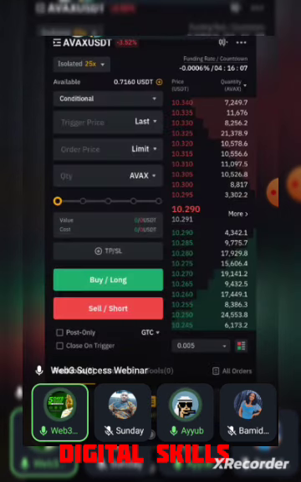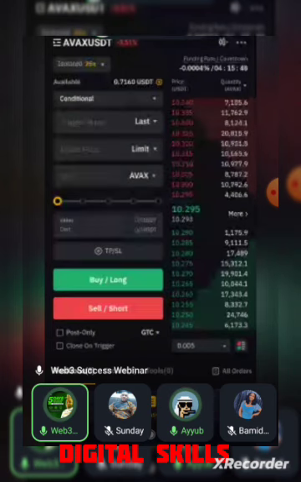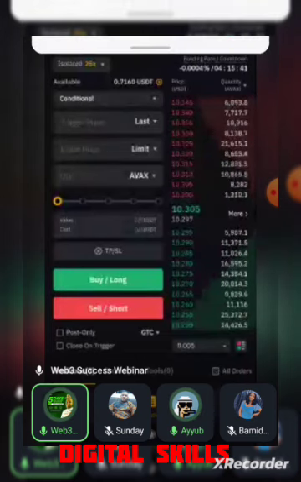The first one, the trigger price, you put your entry the same way you do on Binance. The second one, the order price, you still put your entry again. Then you swipe your quantity to whatever you want, insert your take profit and stop loss, then click whether it is buy long or sell short.